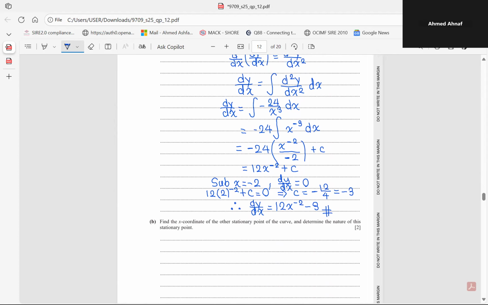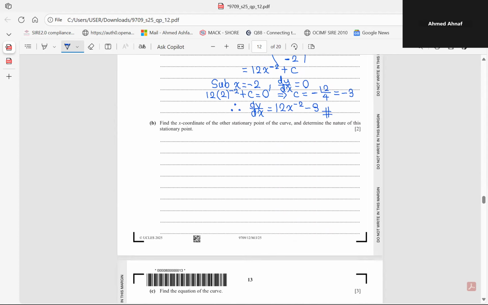Let's head on to the next part. Okay, so here we're going to have to find the x coordinate of the other stationary point of the curve and to determine the nature of the stationary point. So again, to find the other stationary point of this curve, just equate dy/dx to 0. So we will get 12x to the power of -2 minus 3 equals 0.